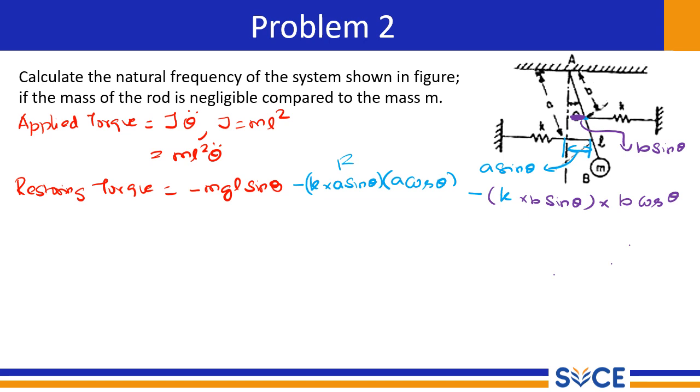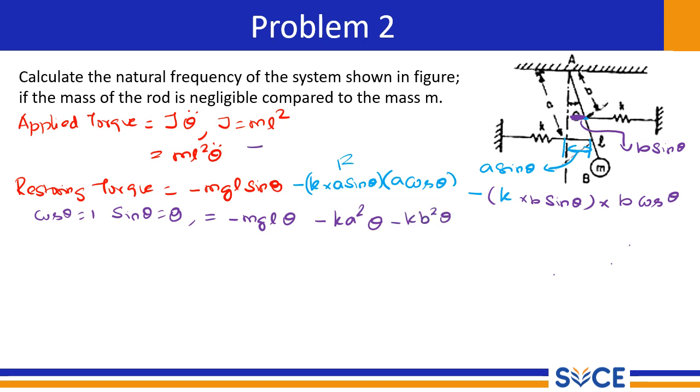Once again, we have to rewrite sine theta equal to theta, since for small deflections, cos theta can be written as 1. So in that case, the entire restoring torque can be rewritten as minus mgl theta minus ka square theta, because cos theta becomes 1, then minus kb square theta.